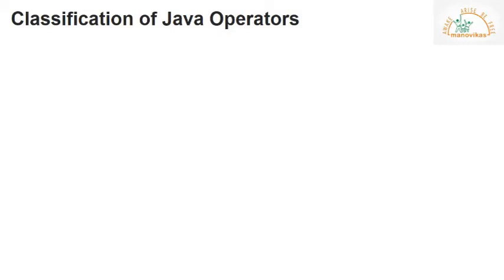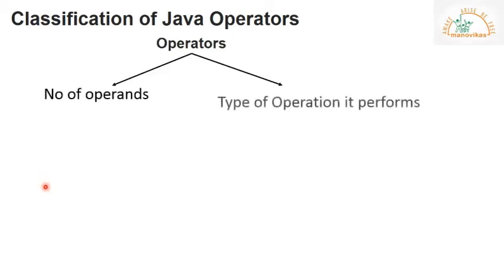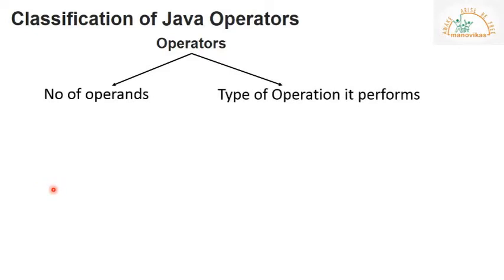Operators in Java can be classified based on the following criteria. One is the number of operands it uses, the other one is the type of operation it performs. Based on the number of operands it uses, the operators are classified as unary, binary and ternary.